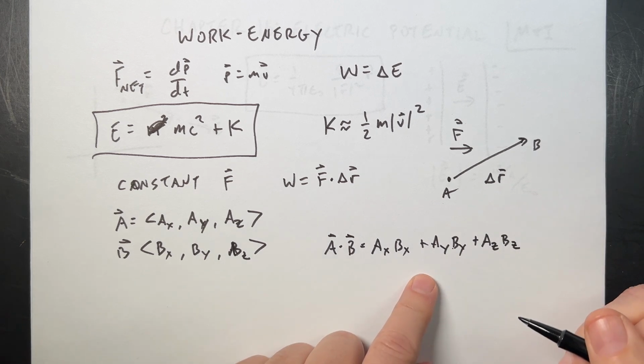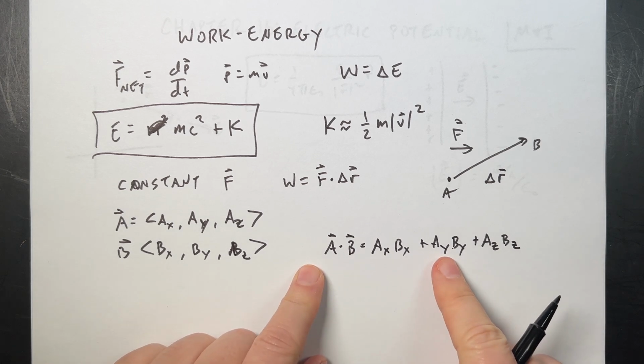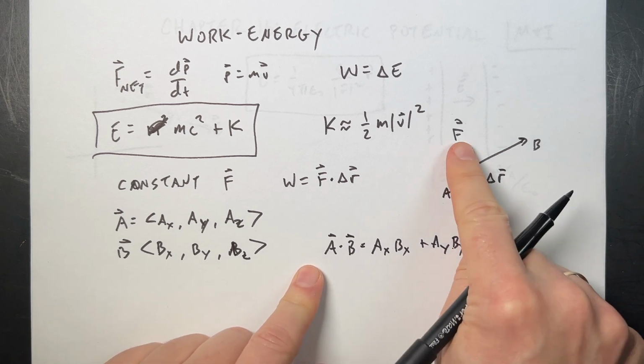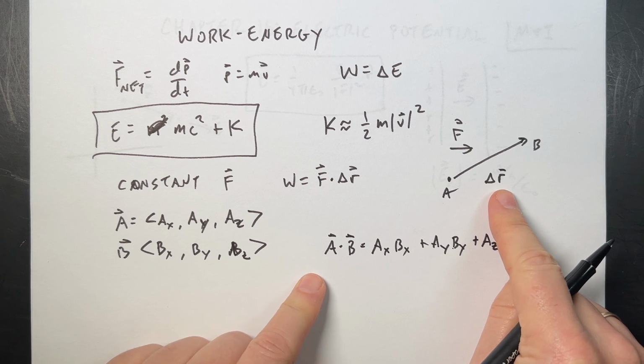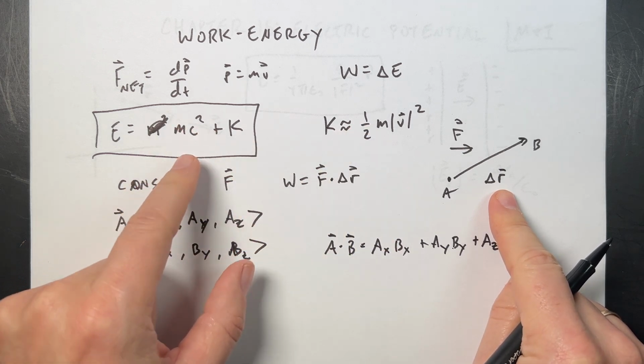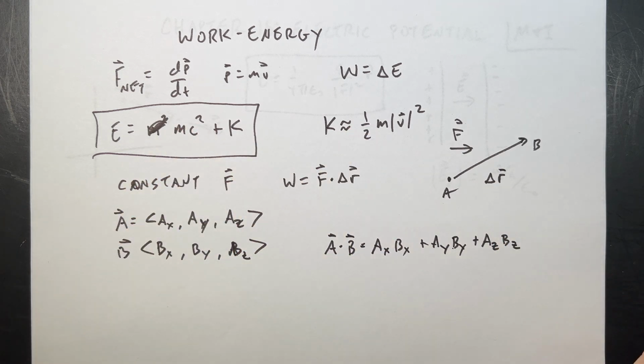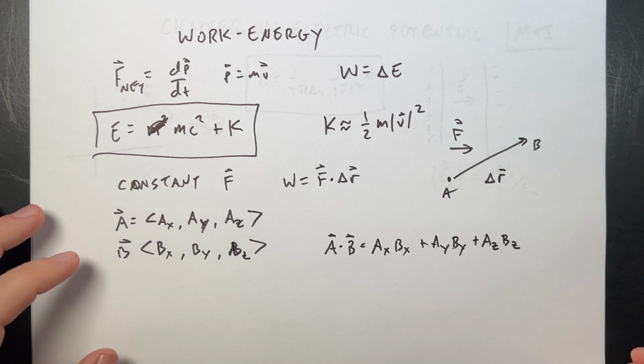The important thing here is when I take the dot product, I get a scalar value. So when I do F dot delta R, I get a scalar value, which is good because energy is also a scalar. That's one of the things about energy, it's a scalar thing.